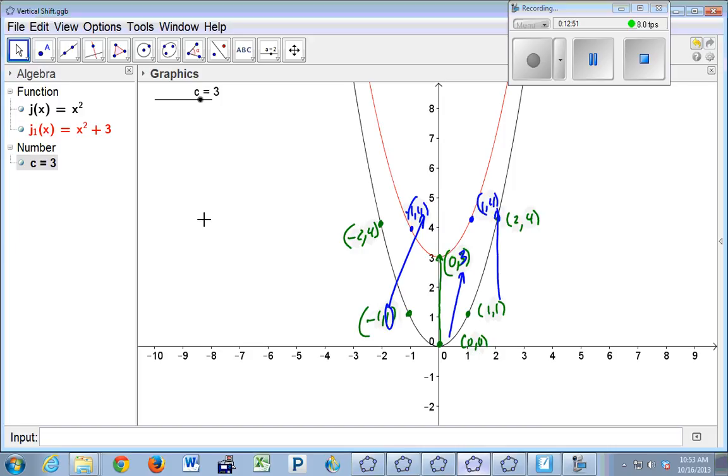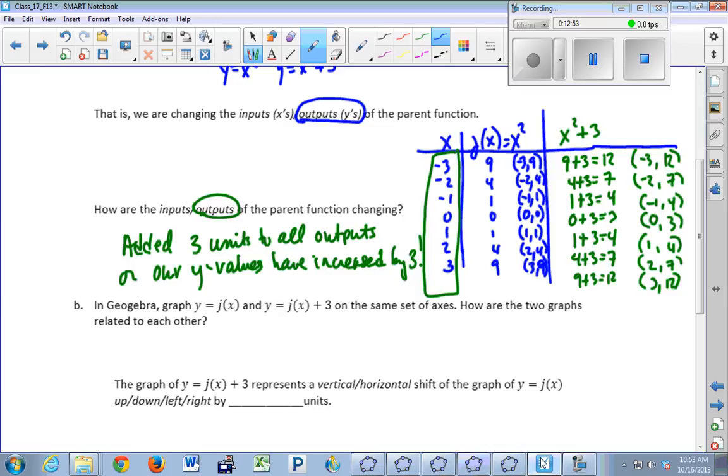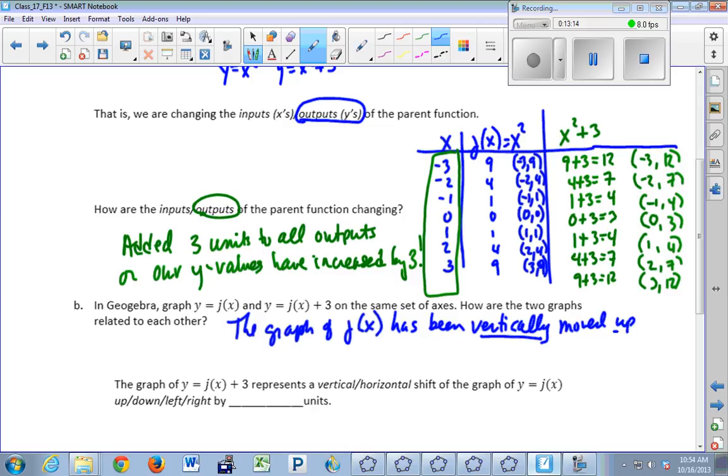So x squared plus 3, if we go back to how the 2 graphs are related to each other, you can say the graph of j of x has been vertically, you always got to say which direction, vertically moved up 3 units.